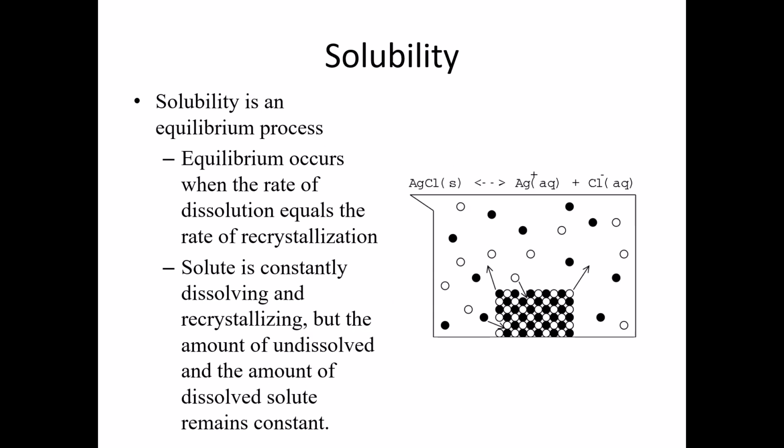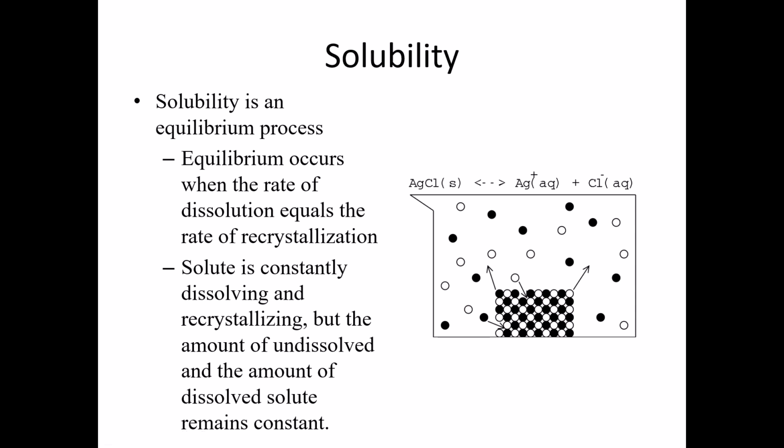Solubility is also an equilibrium process. So our idea of dynamic equilibrium also applies to a solute dissolving in a solvent. We have two competing processes going on: dissolving of solute molecules into the solvent, and recrystallization of the solute molecules back to the solute state.